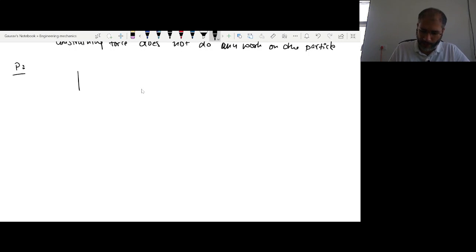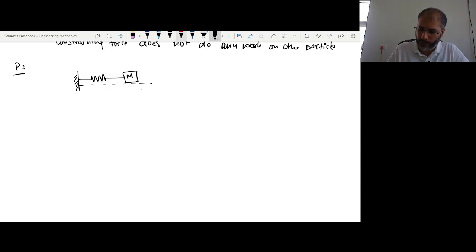So we have a problem of a spring and a mass. So there's a mass m that is connected to a spring, and this rests on a frictionless surface.